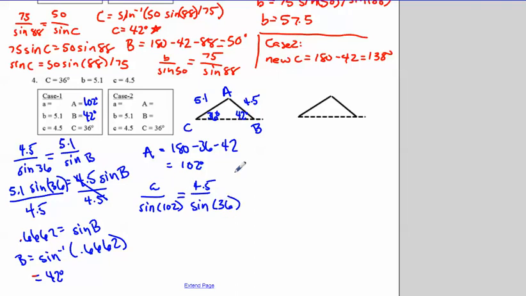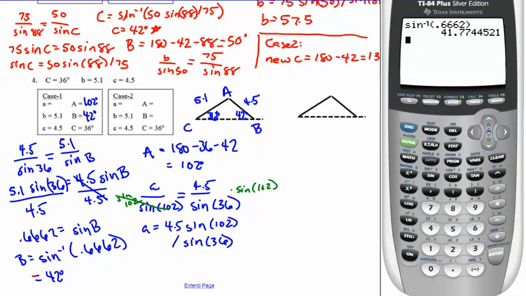Okay, cross multiply is one possibility. The other possibility is that you can multiply both sides by sine 102. Okay, so let's do that. Times sine 102. So these will cancel, and I'll get A equals 4.5 times sine 102 divided by sine 36.